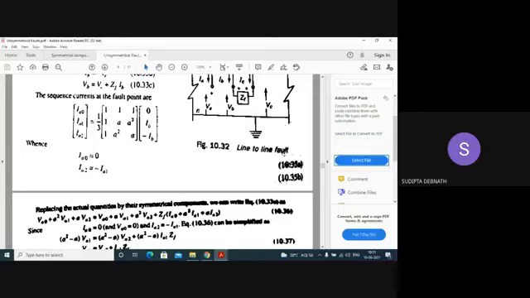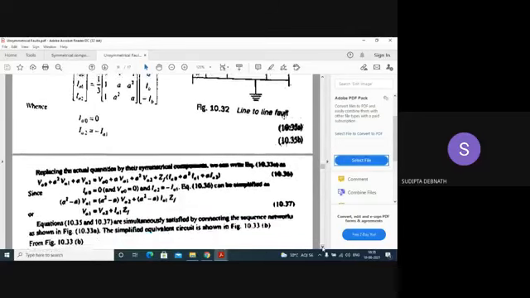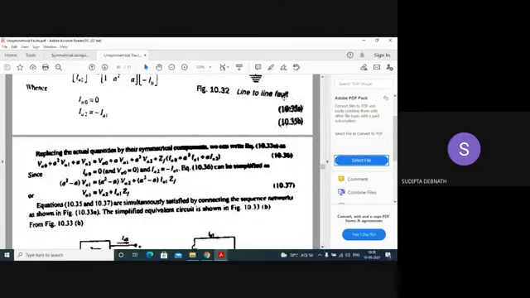You will arrive at this equation where there is no IA0 or IA2. Why? IA0 is 0 and you have replaced IA2 by minus IA1. So the terms will contain only IA1. This is the equation you will arrive at, and simplifying, that is A plus A square plus A, that is 1 plus A plus A square, which will be equal to 0.